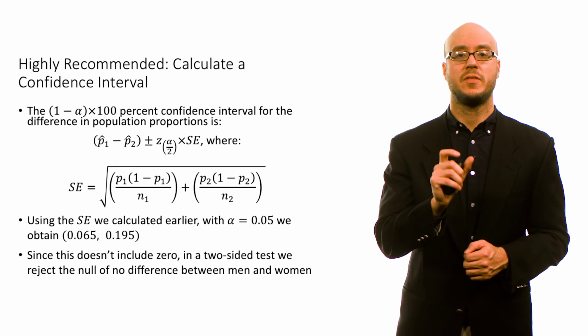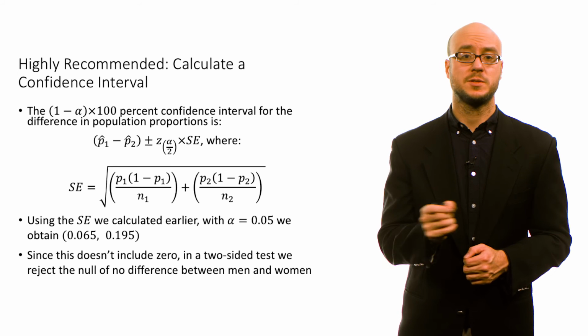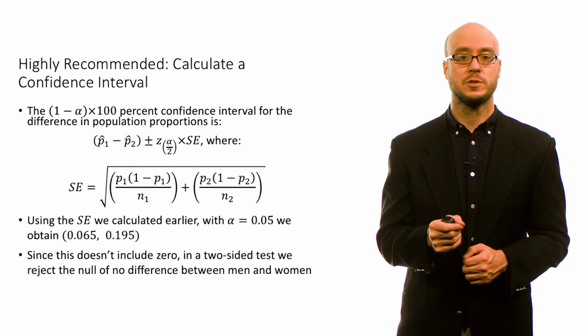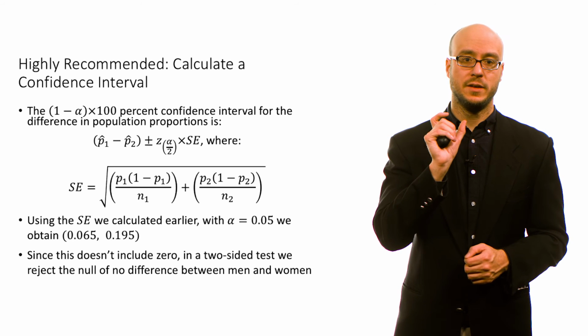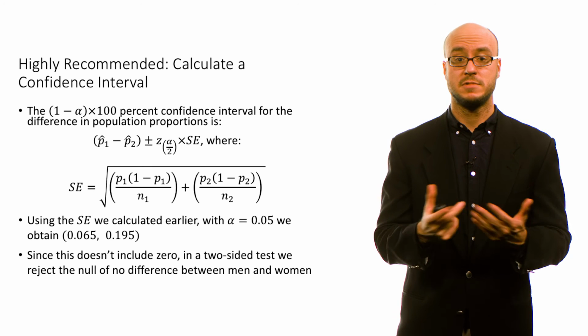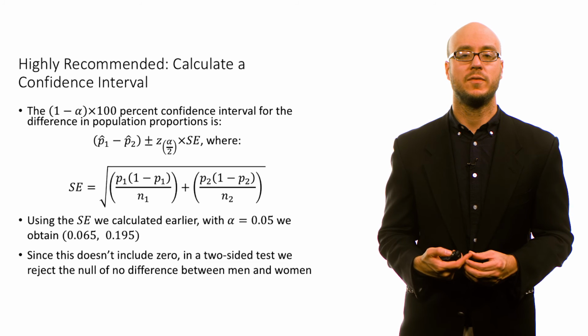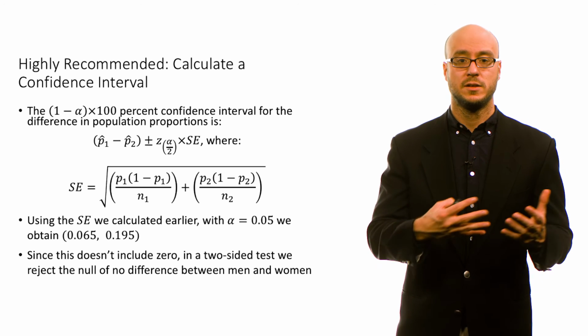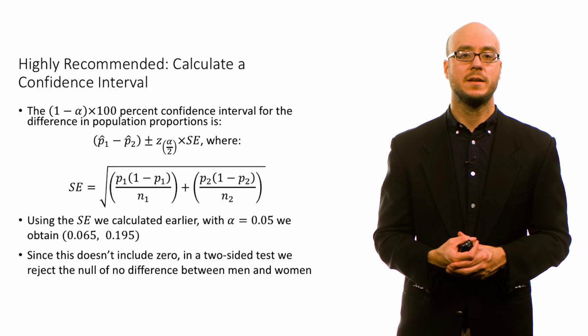This suggests that we can reject the null of no difference between men and women in terms of their proportion, because that confidence interval is centered away from 0. If the null is out, then it's in doubt. And in this case, the null is not included. So we reject the null of no difference at the alpha 0.05 level. Equivalently, the data suggests that a higher proportion of women than men think Wall Street executives are dishonest.